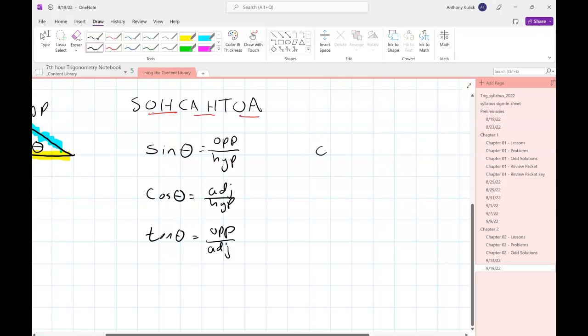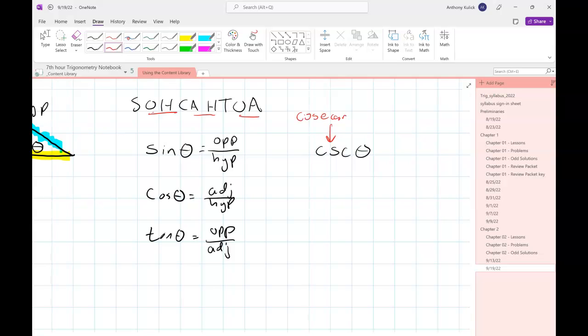The first one we call cosecant. And that is hypotenuse over opposite. The next one we call secant.